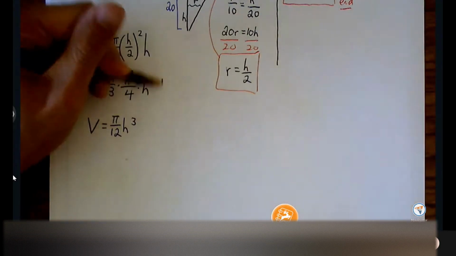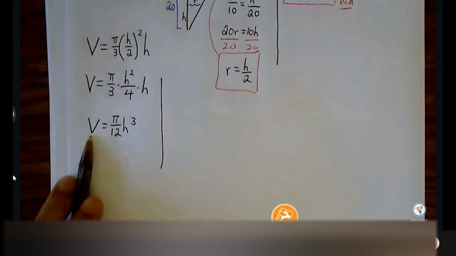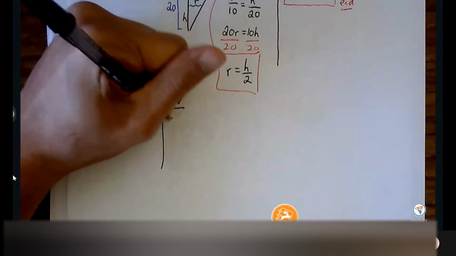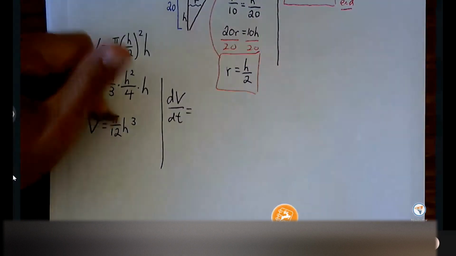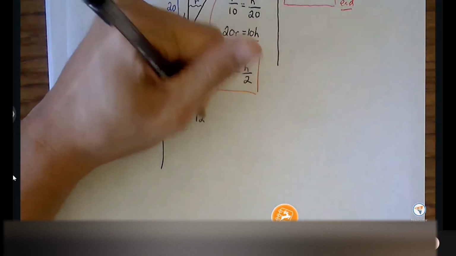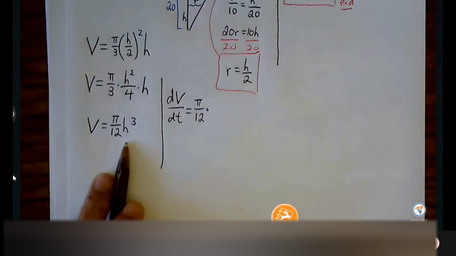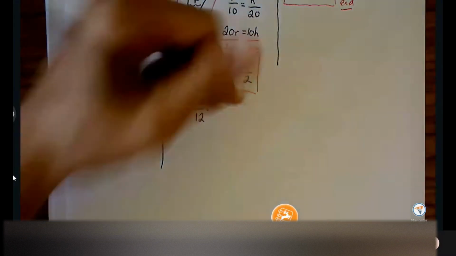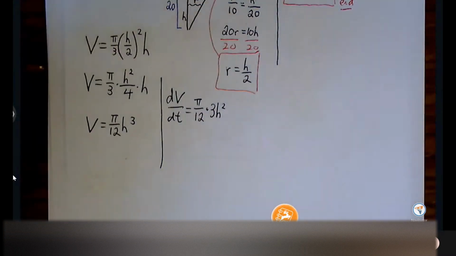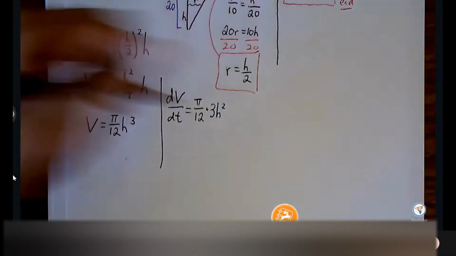Now I'm ready. Now I'm in a better position to have an easy go with my derivative. Okay, so here's my derivative. V becomes dV/dt. Pi over 12, coefficient is going to stay. And then h cubed, right, power rule, 3h squared. But we also need what after that? dH/dt, right?